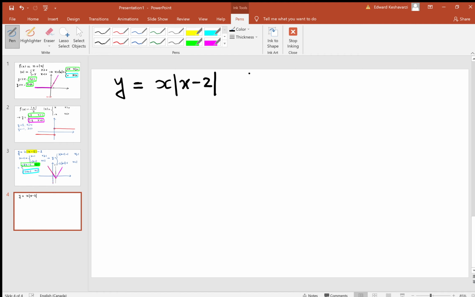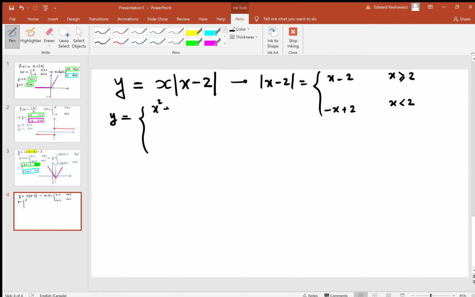So absolute value of x minus 2 simply becomes x minus 2 when x is larger than or equal to 2, and negative x plus 2 as x is less than 2. By multiplying by x, we'll get x squared minus 2x for x larger than or equal to 2, negative x squared plus 2x for x less than 2.